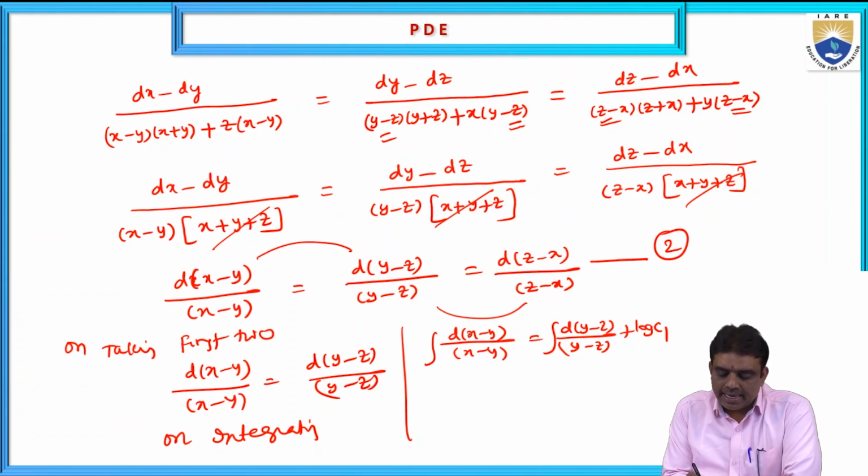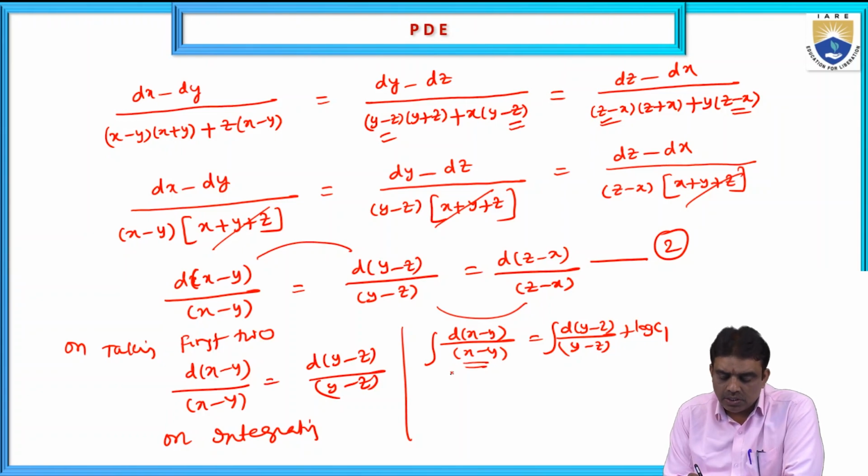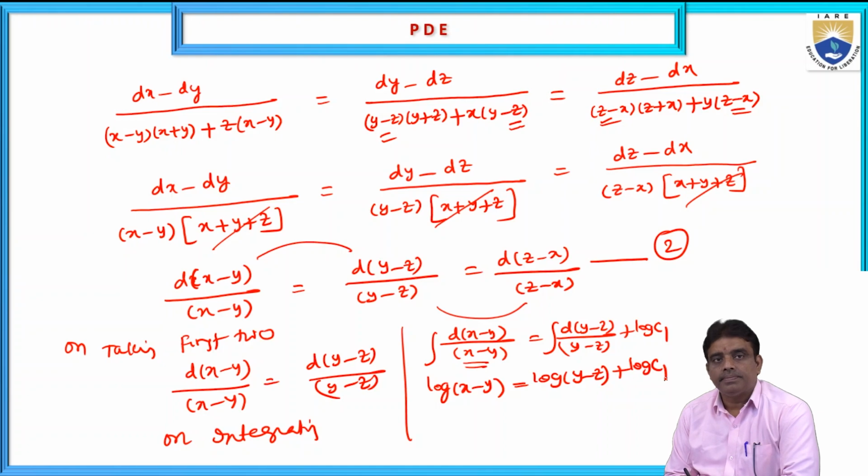So it looks like integral dx by x. This is the function, and the derivative of the function is in the numerator. That means integral dx by x. So what you will get? This is log of x minus y is equal to log of y minus z plus log c1.